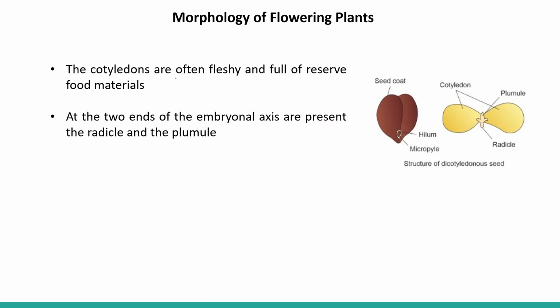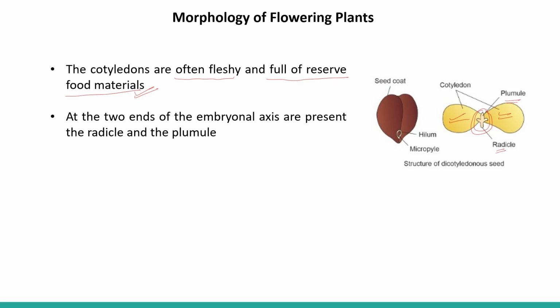The cotyledons are often fleshy and full of reserve food materials. These two cotyledons are loaded with reserve food material, because when the embryo is giving rise to the plumule and radicle, it requires a lot of food and energy.